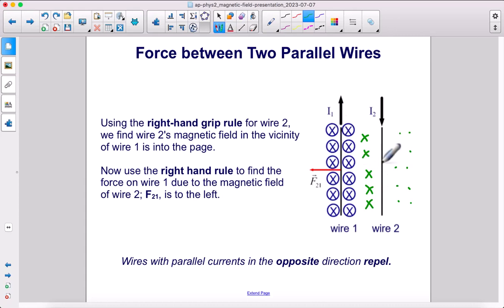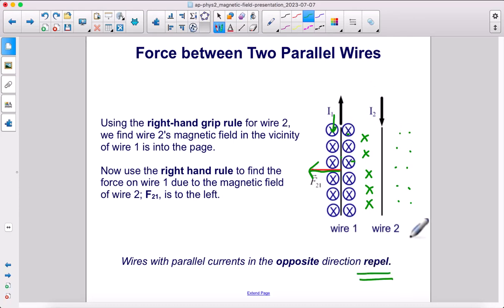Since this wire is to the left, that means it is experiencing a magnetic field that is into the page here. Then use right-hand rule to determine that because its current is this way and the field is into the page, it's experiencing a force to the left. So when you have two wires next to each other where their currents are going in opposite directions, they repel each other.